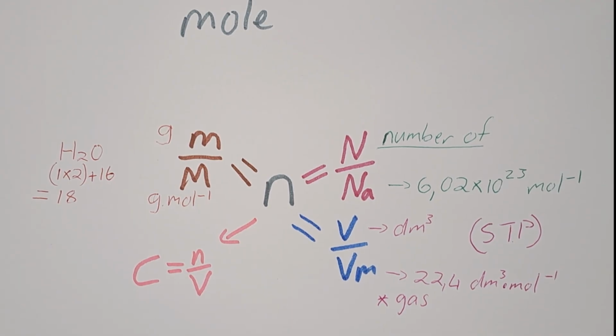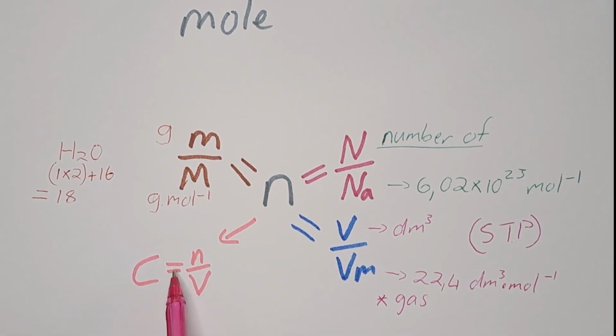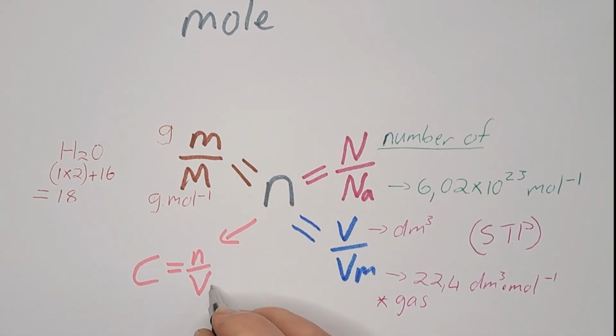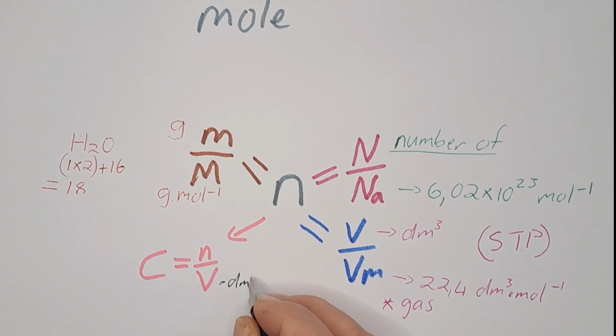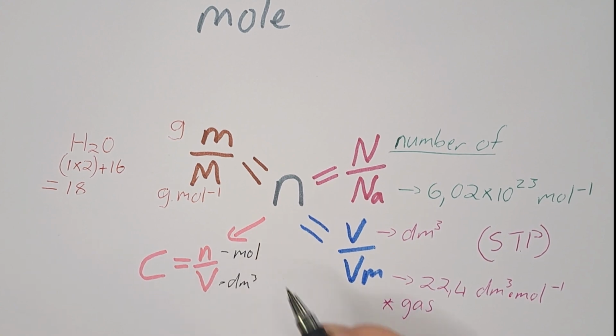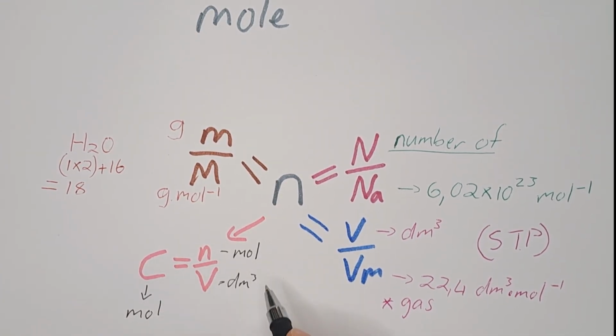Then the last one is the one of concentration. So it's concentration equals mole over volume. Volume, you see it there? Let's take a different color. So this volume is cubic decimeters. Mole is of course measured in mole. And then our concentration is measured in mole per cubic decimeters.